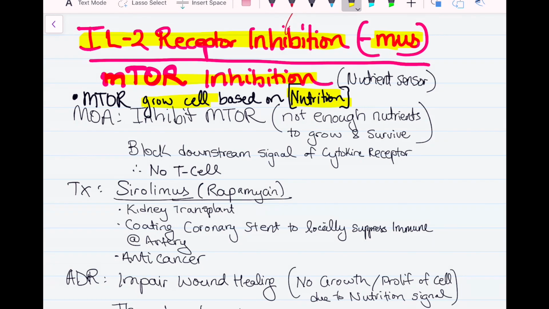So this is basically a regulator for cell growth. And the mechanism of action is that if we inhibit the mTOR pathway, we block the downstream signaling of the cytokine receptor, and then we saw that there will not be T cells.